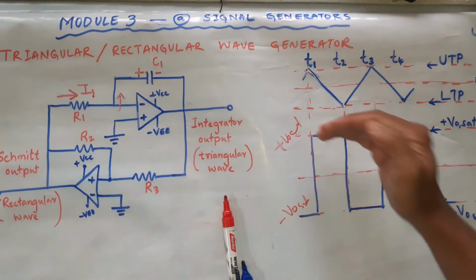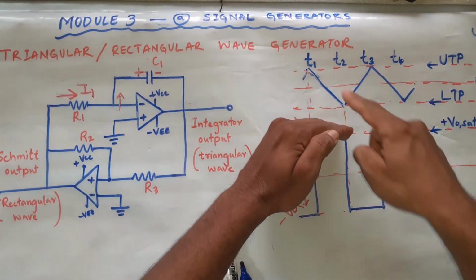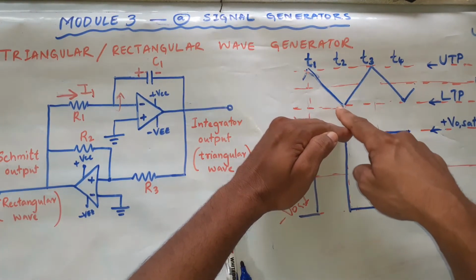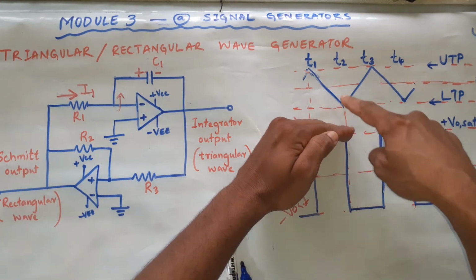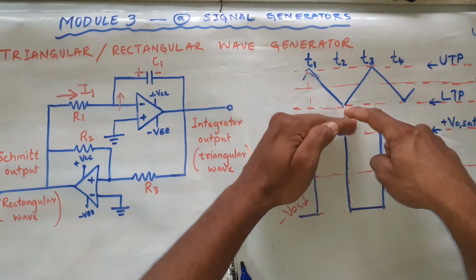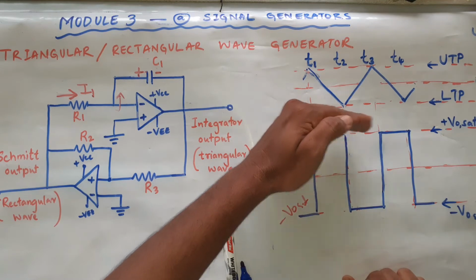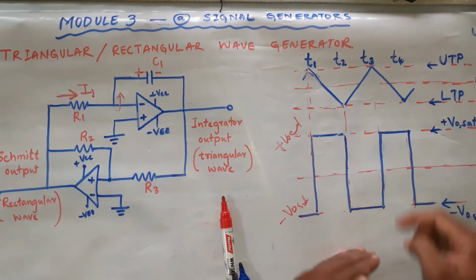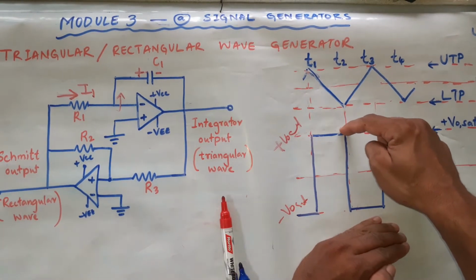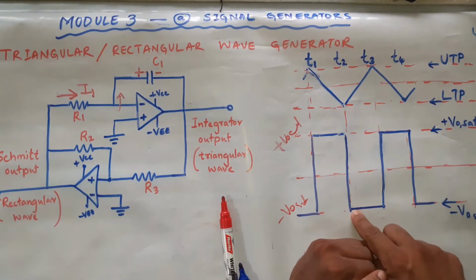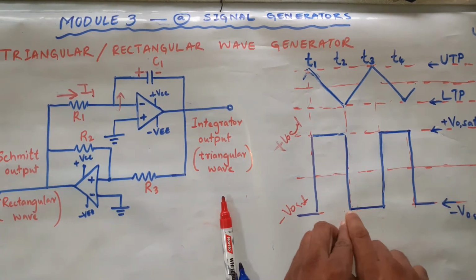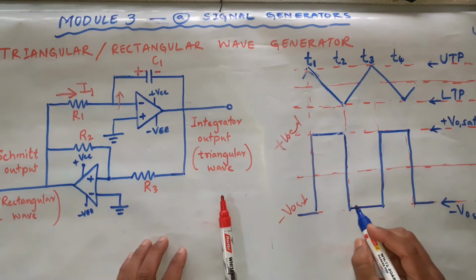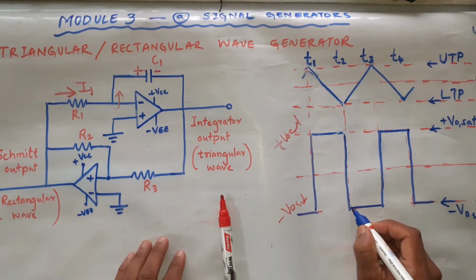It was here before the integrator output could reach LTP. From this point, it drops straight to minus V naught sat and comes to this point. And this minus V naught sat is the output of the Schmitt trigger.